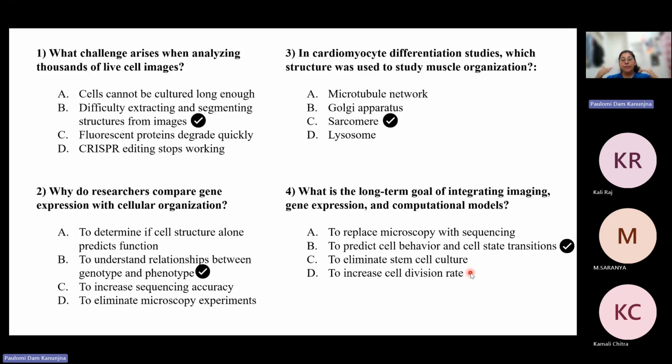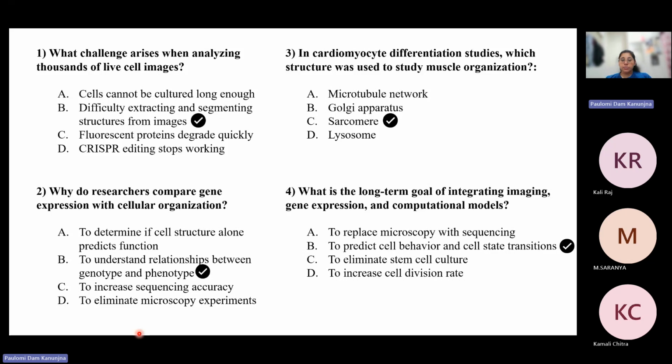So this information can be used in the future to predict what kind of behavior the cell can show depending on its genotype. So to get that kind of understanding is where this will come handy. That's a long term idea.